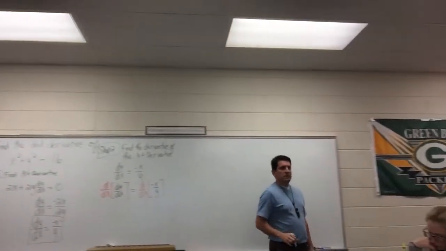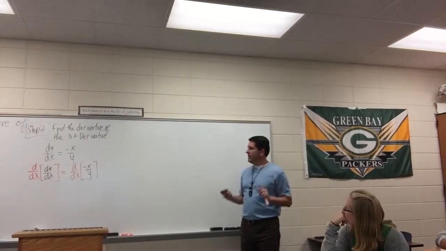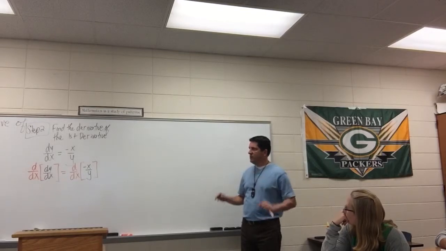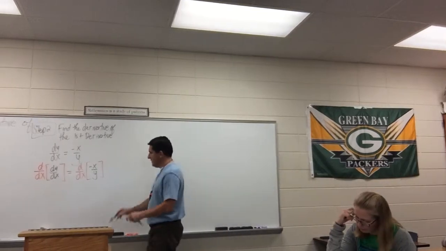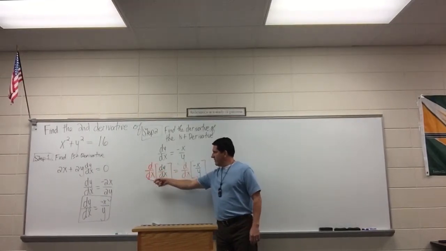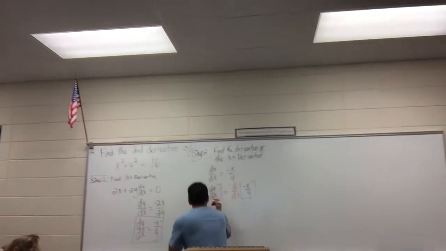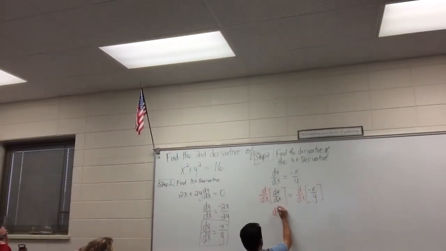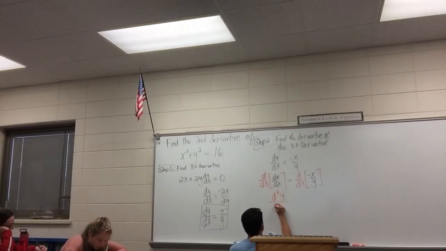So I'm finding the derivative of both sides. When you take the derivative of dy dx with respect to x, it becomes d squared y over dx squared.